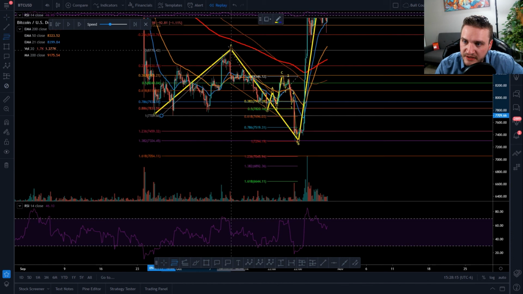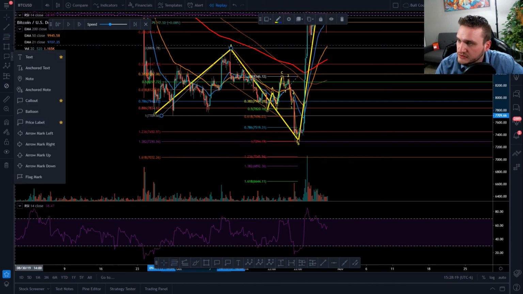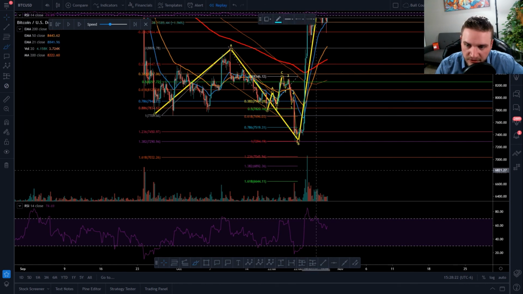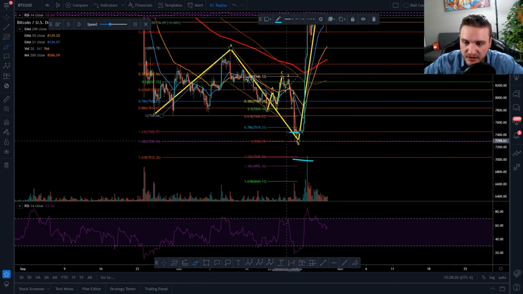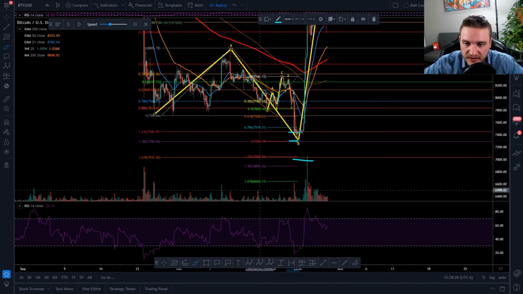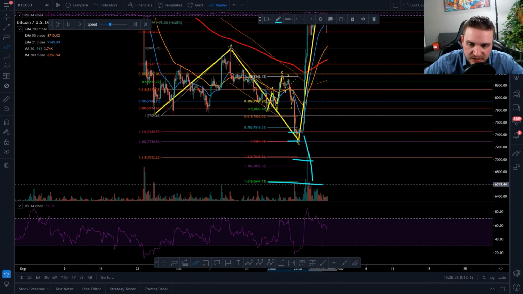Fib retracement here again. Stop loss underneath the 1.618 right here. So you put buy orders at the expanded B pocket area. You expect this to be a 1-to-1 extension for a zigzag. If it's not, it's going to be impulsive. If it's impulsive, it's coming all the way down to the 1.618.